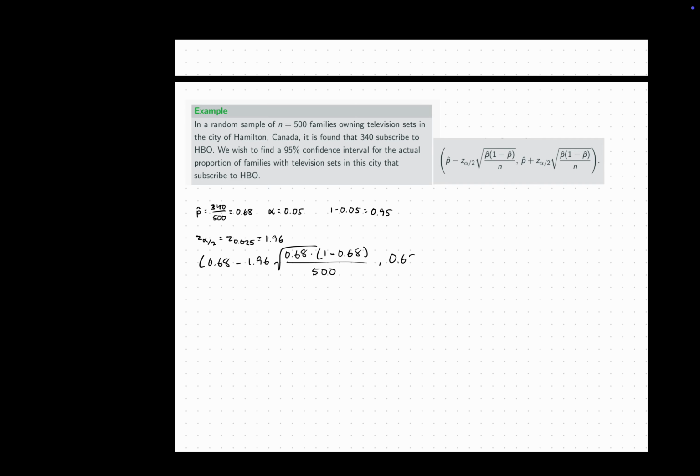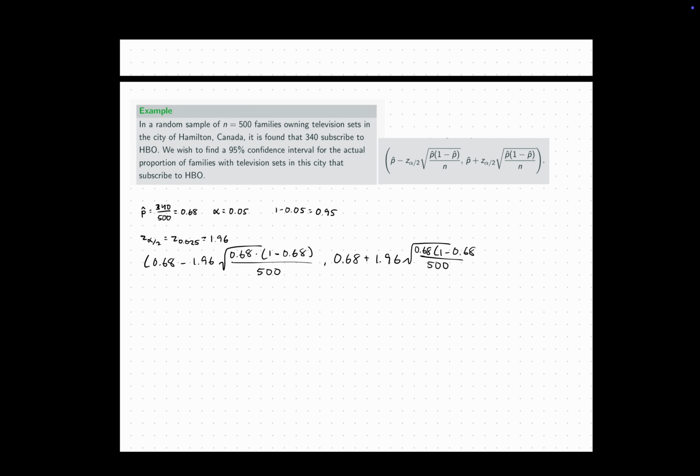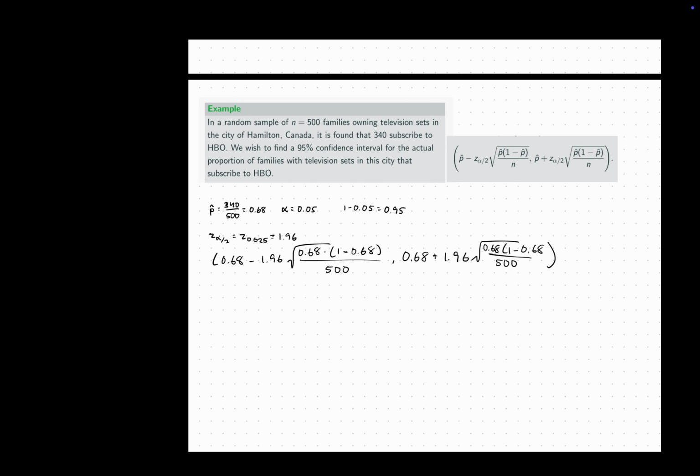So 0.68 plus 1.96 times the square root of 0.68 times 1 minus 0.68 divided by 500. And then if we solve this, we should get 0.64 and 0.72 as bounds for our confidence interval.